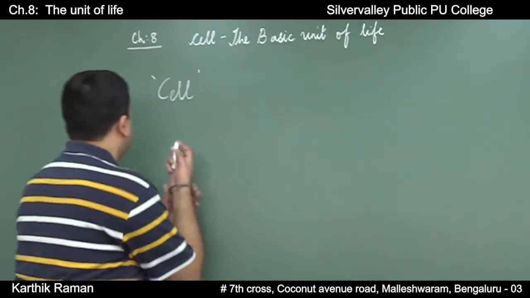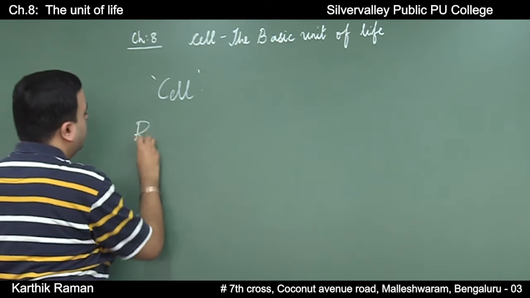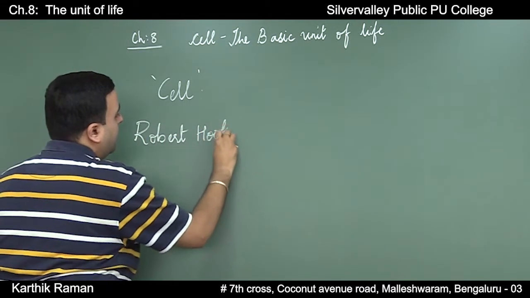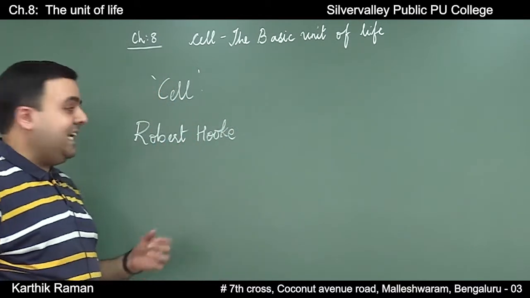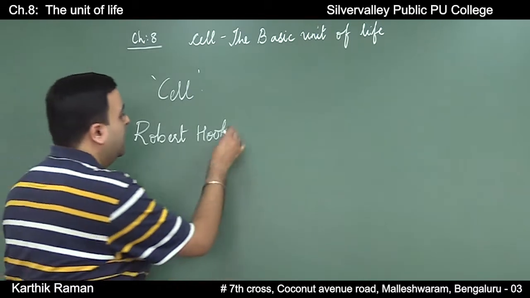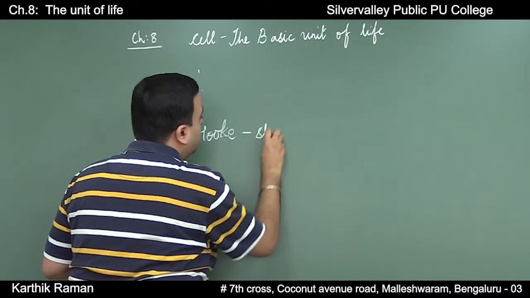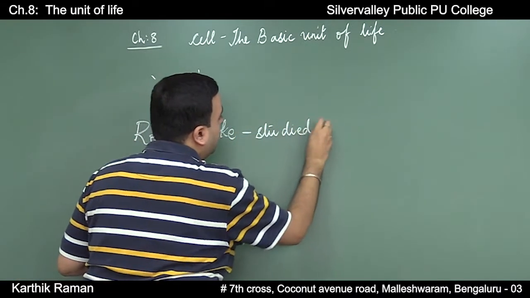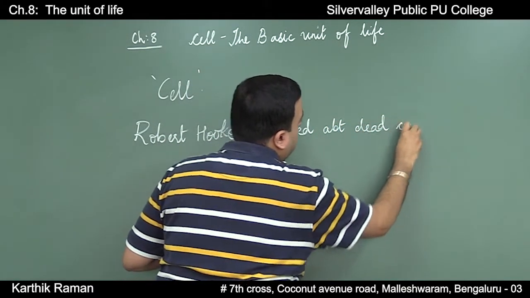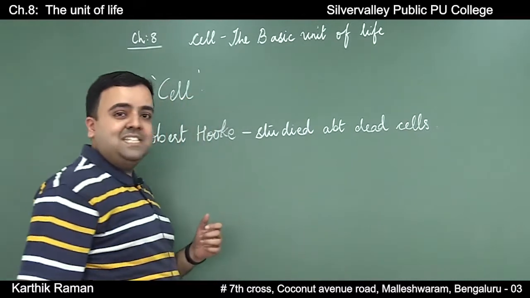So first, we have the scientist Robert Hooke. So he was the scientist who studied about dead cells.